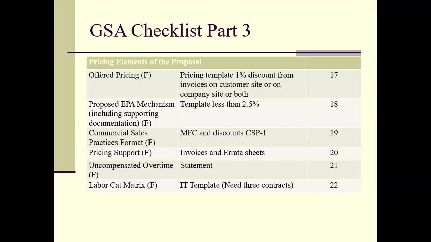So everything associated with what's called the price proposal template, you have to say, here's my market price, here's my most favored customer price, here's the price that I'm going to give to GSA, and that's going to be a discount from the customer price to the GSA price, and that difference is at least 1%.